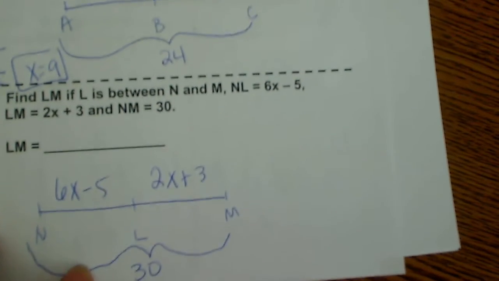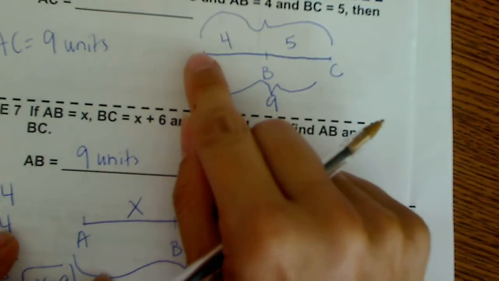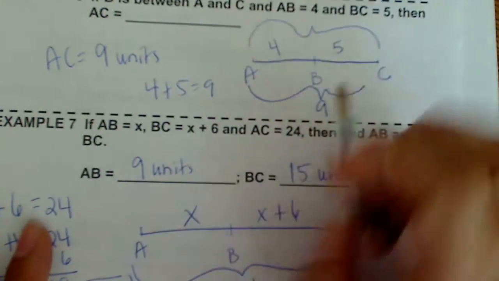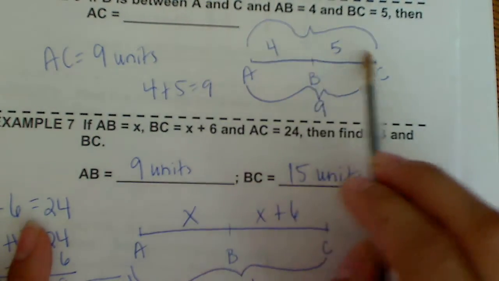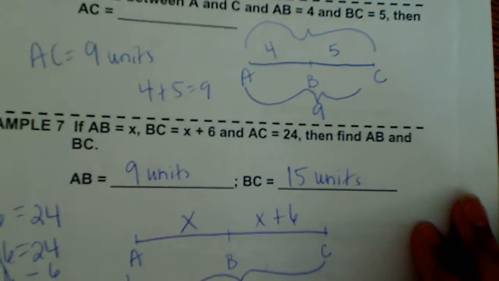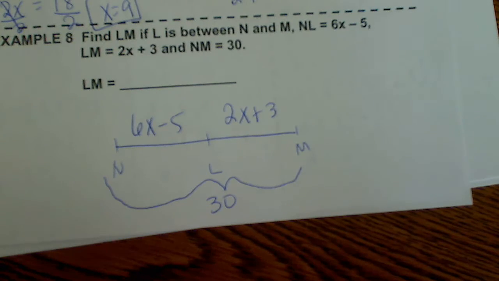Okay, let me help y'all back out again real quick. How did we set up this equation? 4 plus 5 equal to 9, right? So what are we doing with these two? Adding them together and making them equal to the total. Same thing here. When you're given an x, it's nothing different. It changes a little bit, but you're still doing the same process.